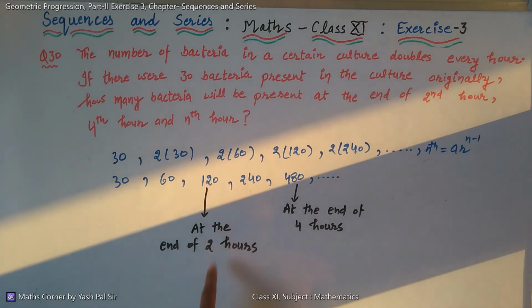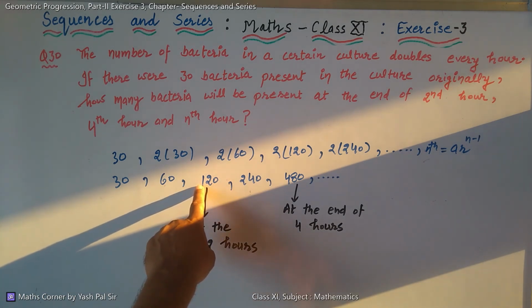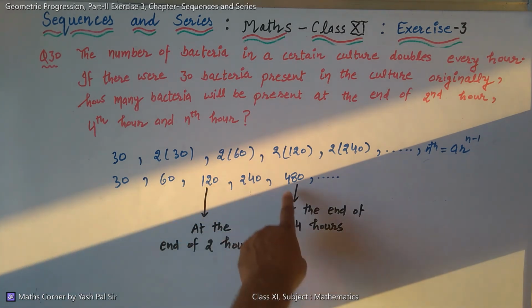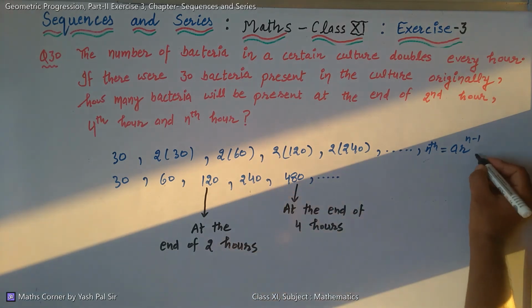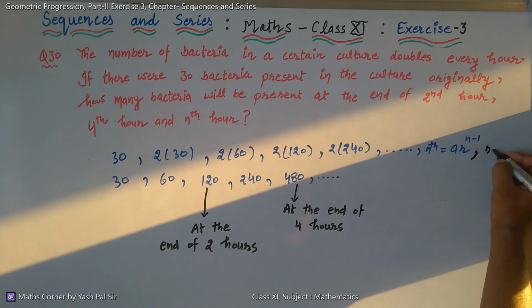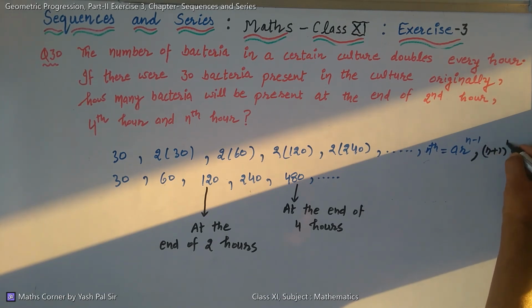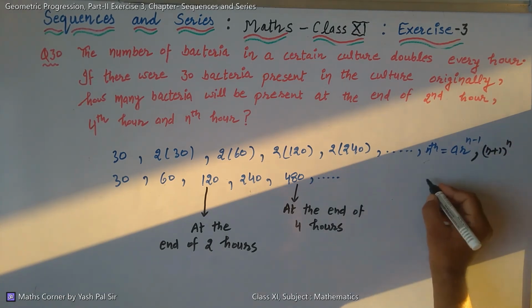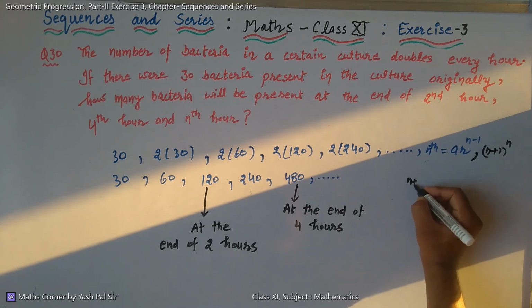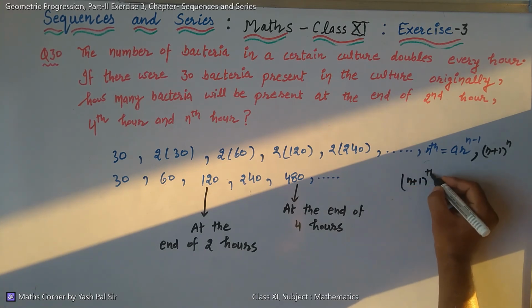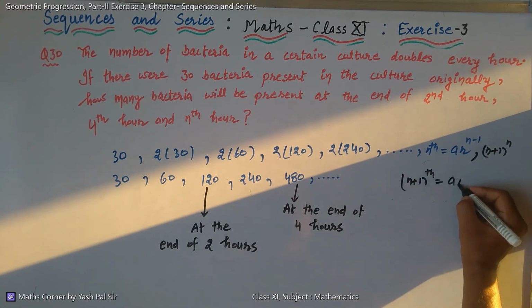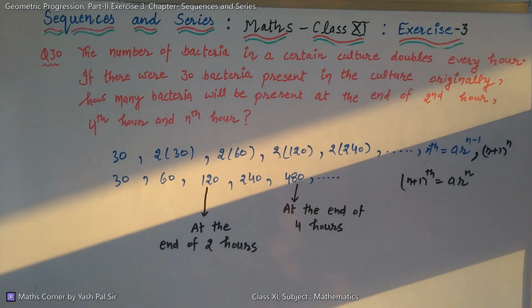Now what we see here, at the end of 2 hours, third term is there. At the end of 4 hours, fifth term is there. So at the end of nth hour, we should have n plus 1th term. So n plus 1th term is equal to a r raised to power n.